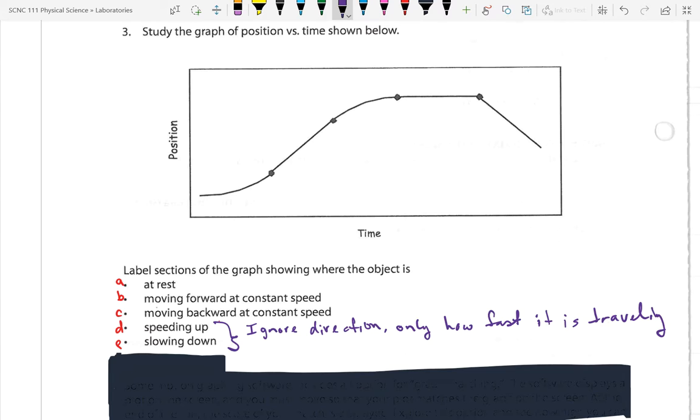And note also that speeding up and slowing down, it doesn't matter if it's going forward and speeding up or going backward speeding up. Speeding up means that it's getting faster. So that's not talking about direction, like going forward and slowing down is slowing down. Going backward and slowing down is still slowing down. And notice the last part we're not doing, so that's why I blacked it out.